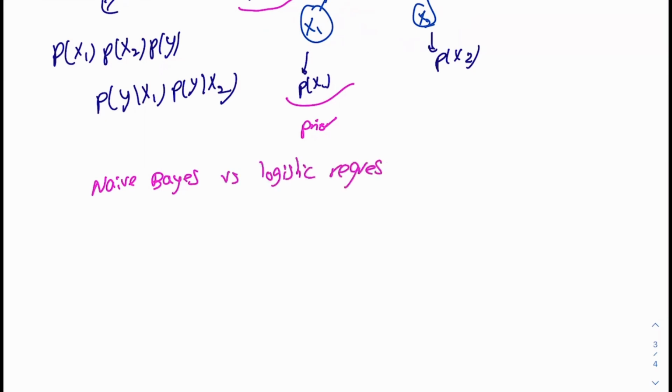If you want to compare generative and discriminative models, under what case is one better than the other? Guys, if the probability assumptions that you make for your problem are a good assumption, then generative models are better. Then naive Bayes is better. It's going to give you a better asymptotic error.